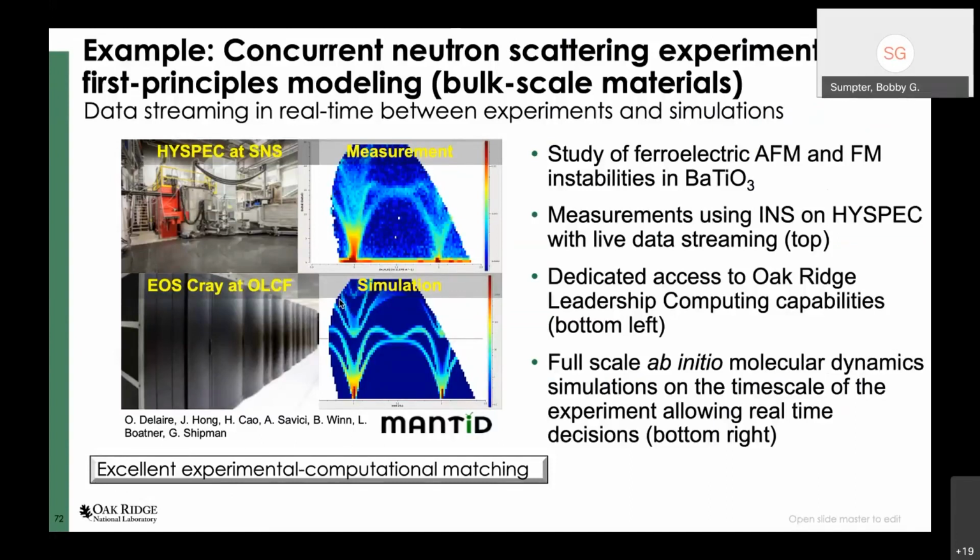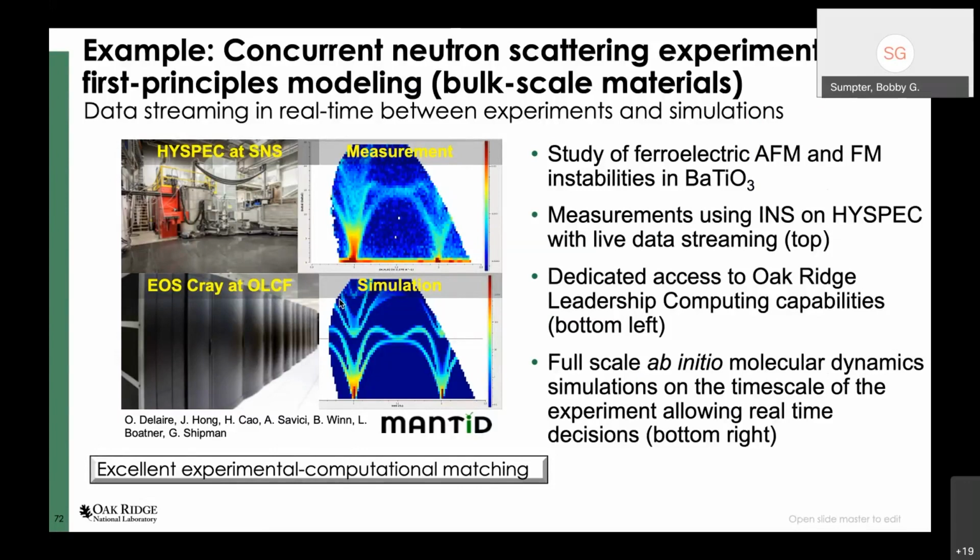So I'm first going to start with just some neutron scattering. We're starting with bulk scale materials at this point, but we're going to do this at the same time as we do the calculations, and the data from the experiments are going to be streaming across to the calculations and vice versa.